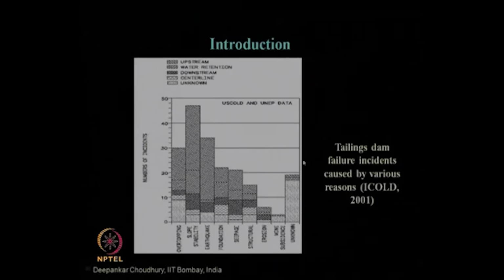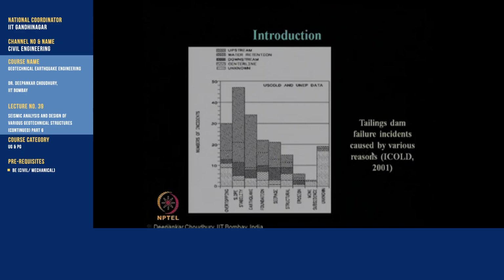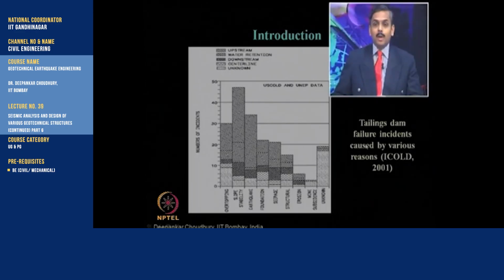This is the statistics. Look here, the tailing dam failure incidents which are caused by various reasons. There are other reasons also, as you know, by which a tailing dam can fail. Earthquake is one of them, and that is the second highest. As I said just now, this is as per ECOLD 2001 data.